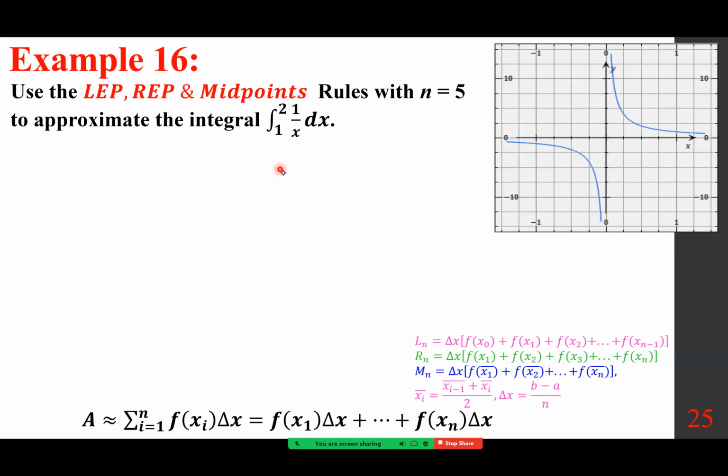So first, this is the graph of f of x equals 1 over x. A is 1, the lower limit, B is the upper limit 2. And this is the area we want.